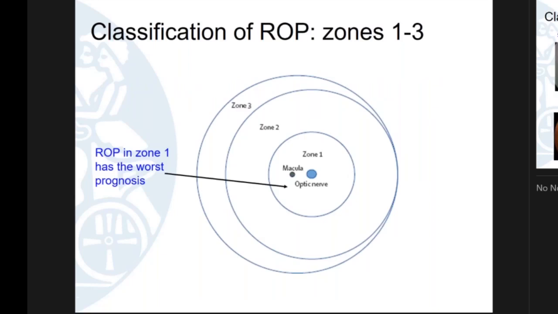I won't go into detail about this, but you'll see there two concentric circles centered on the optic nerve, and then a crescent around in the temporal retinal periphery. And it's useful to use this classification after examining a child because RoP in zone 1 has a worse prognosis than RoP in zone 2.